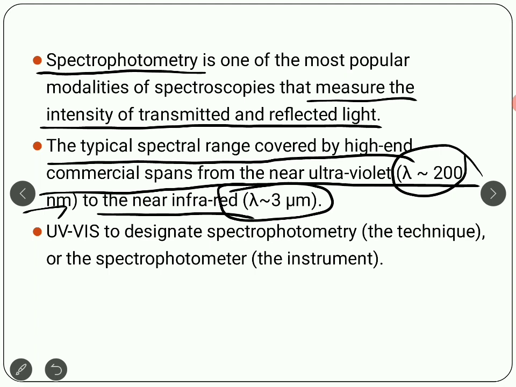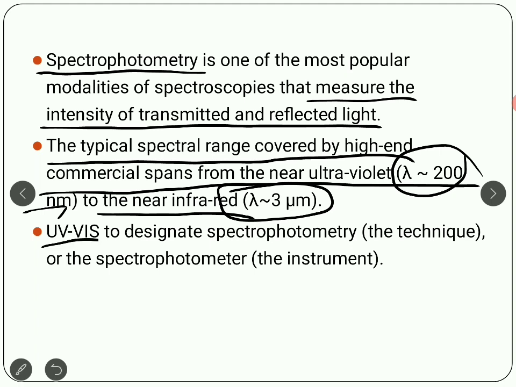So it starts from 200 nanometer, then goes to the visible range, which is 400 to 700 nanometer, and then it crosses that and goes up to as high as 3000 to 4000 nanometer, which lies in the near infrared region. Okay, so that means it can be used for a wide range of radiation spectra.